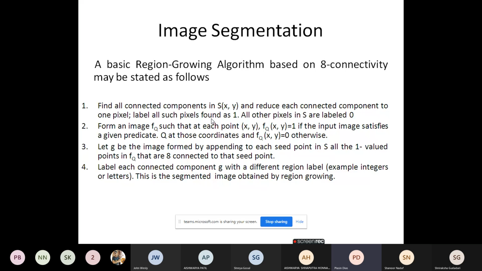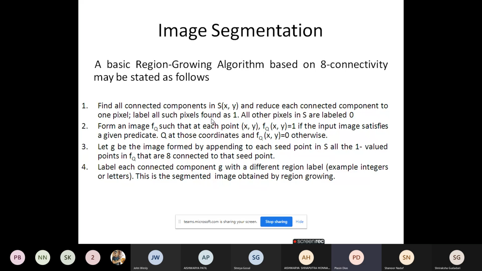If it doesn't satisfy the particular condition, we consider it as a 0. Then G will be considered as a new image formed by appending that seed point of S, so all the valid 1 points in FQ are connected to that seed point. That is the third thing that you have to follow.